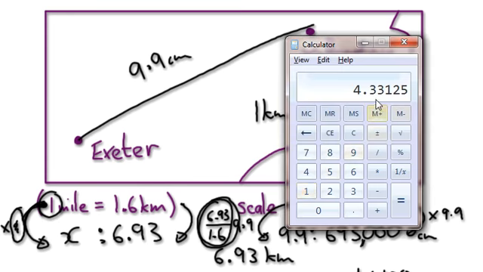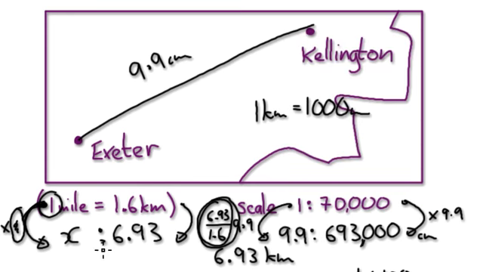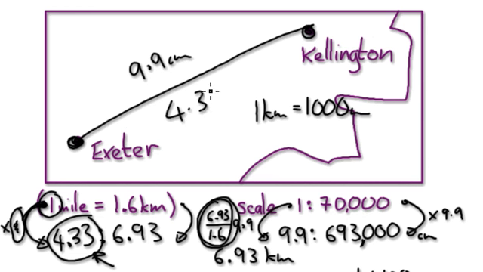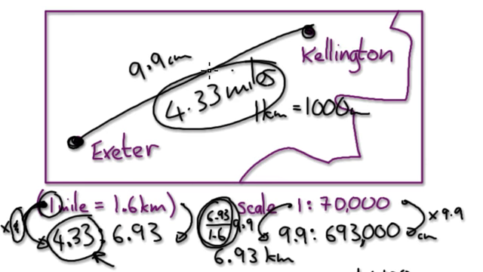So it will be roughly 4.33. This here is your miles. So the distance between Killington and Exeter is 4.33 miles. So this is your answer.